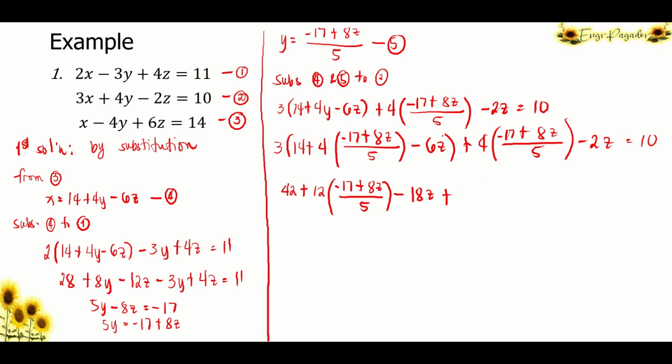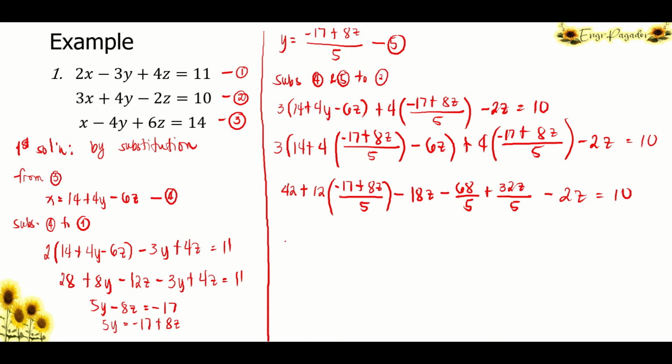So, negative 68 over 5. And then 4 times 8, that is equal to 32. So, positive 32z over 5. And then minus 2z is equal to 10. So, ito ngayon naman yung isimplify natin. So, 12 times negative 17.